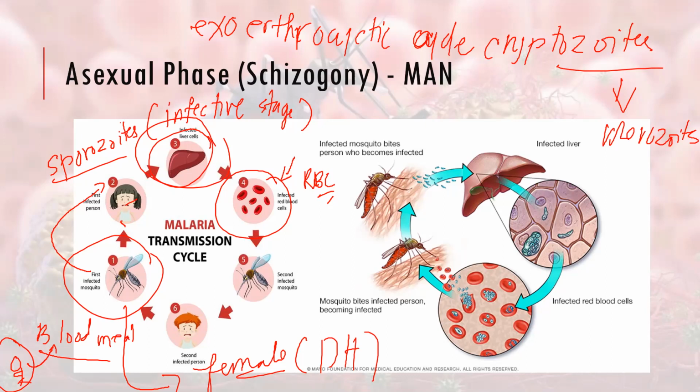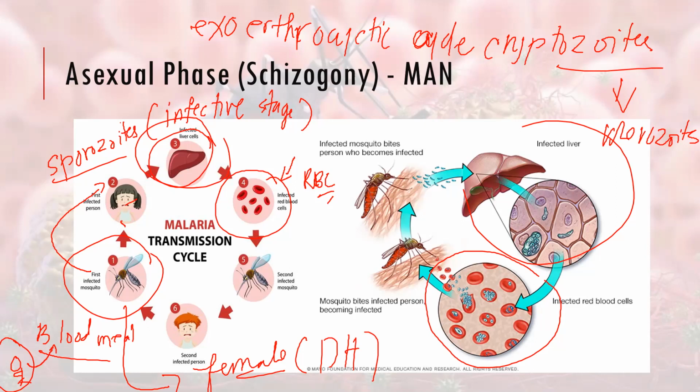In the liver cells, this is what happens: the development of cryptozoites to merozoites, and then there is an exoerythrocytic cycle. And then the merozoites will invade or infect our red cells. Okay? They invade the red cells. Now, what will happen here?